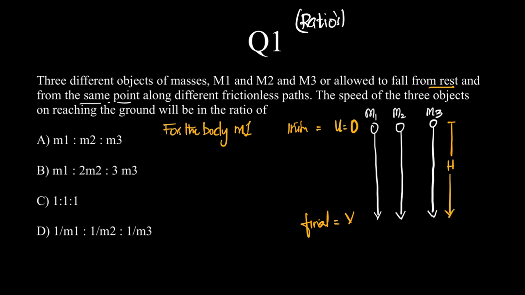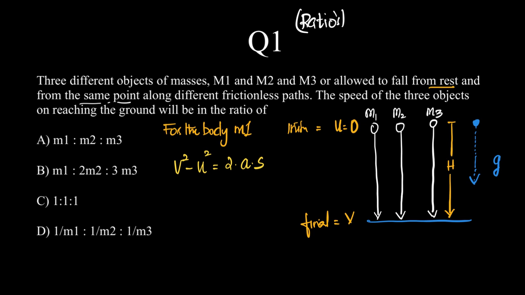When it hits the ground, the body will be hitting the ground with velocity v, accelerated and not decelerated, by acceleration due to gravity. For the first body, let us take the equation of motion: v square minus u square is equal to 2as.